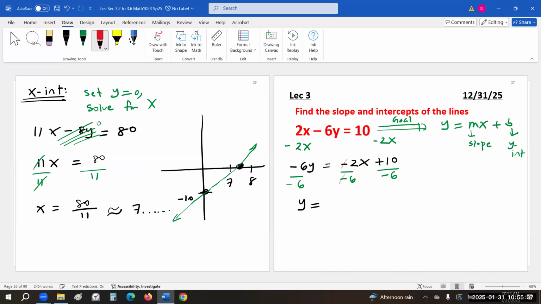Cancels. And we have 2/6. Can you simplify 2/6? By what number? 2. So that means you're dividing 2 by 2 and 6 by 2. So what do we have? 1/3. Oops. 1/3x. And what happens to the plus divided by minus?